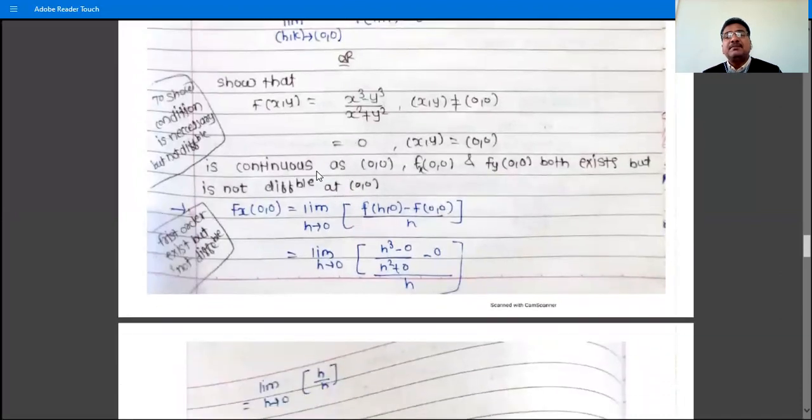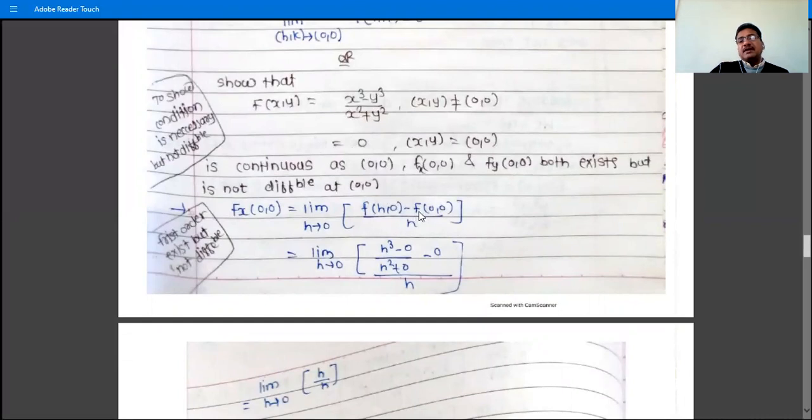In this example, the first way is not possible because the function is continuous at (0,0). The second way, that f_x(0,0) does not exist, is also not possible because f_x(0,0) exists. The third way, that f_y(0,0) does not exist, is also not possible because f_y(0,0) exists. So the first three ways are not possible for this example, and so the fourth way is to use the definition and contradiction method to show the function is not differentiable at (0,0).